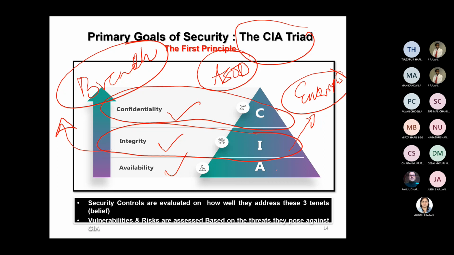The third element, A, is availability of the CIA triad. Availability has been very recently understood by many organizations as something that can never be only a part of IT. Availability needs to be looked at from a very different perspective.